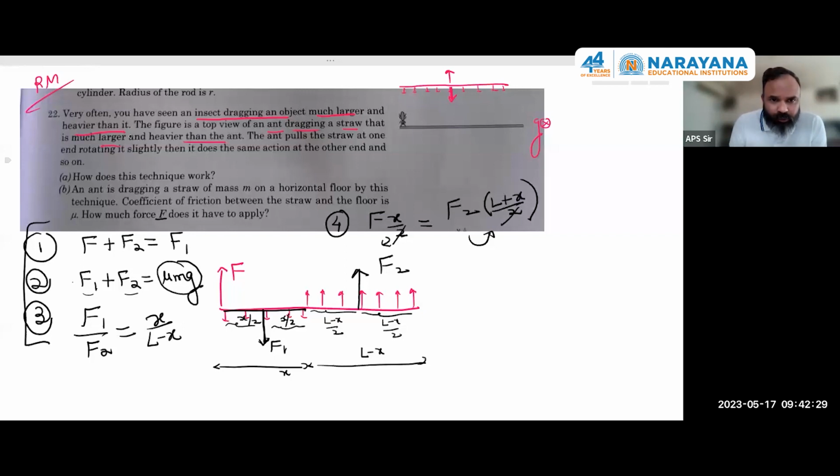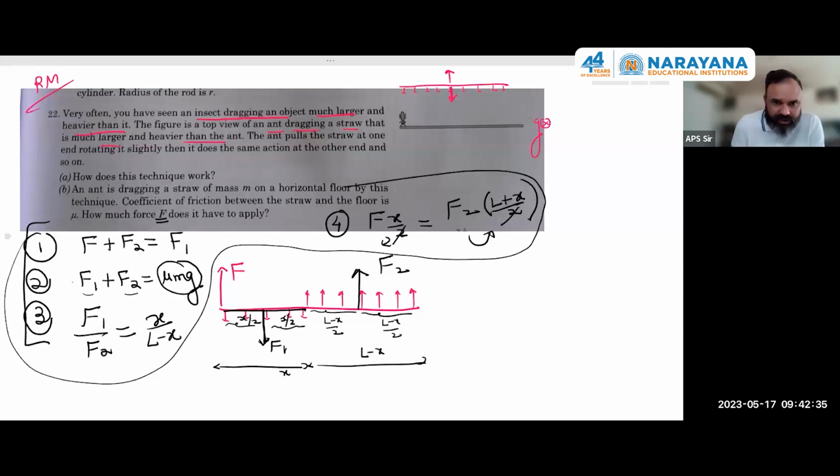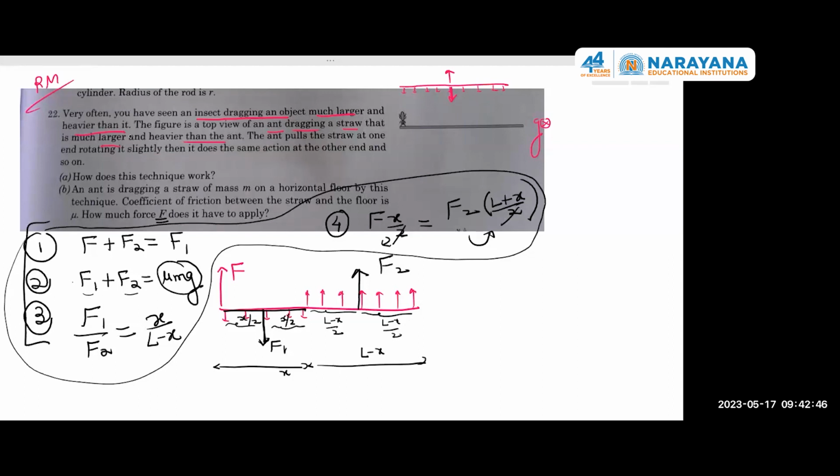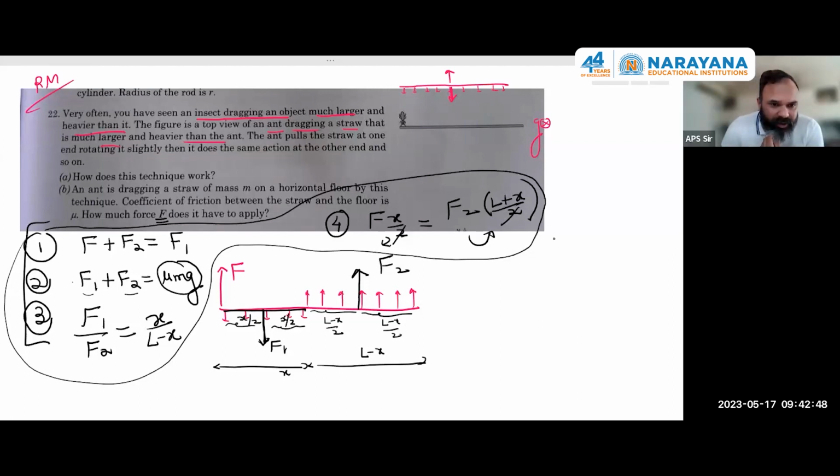Let us try to find out what force he has to apply. So now all of you just go through these equations as fast as possible and try to yield the value of F. Let me check what we are getting, because F1 upon F2. First of all, we'll get the value of x from here, right?